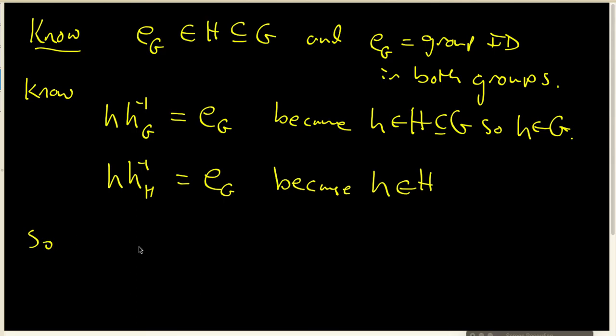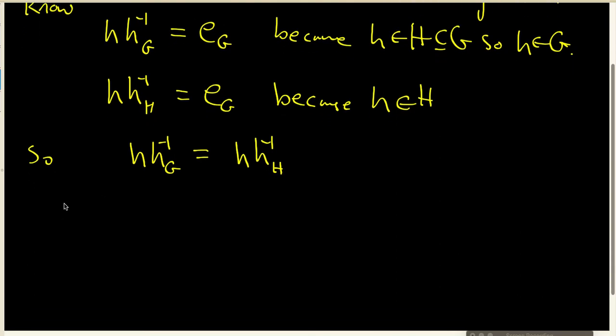Now, since e_G is the same thing, I can set these two things equal to each other. In other words, what I now know is that h times h inverse sub G is equal to h times h inverse sub H. And what I'm now going to do is pre-multiply by h inverse sub G. Let me make my notation very clear.